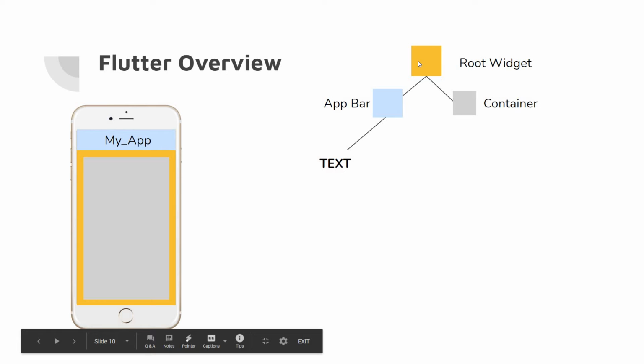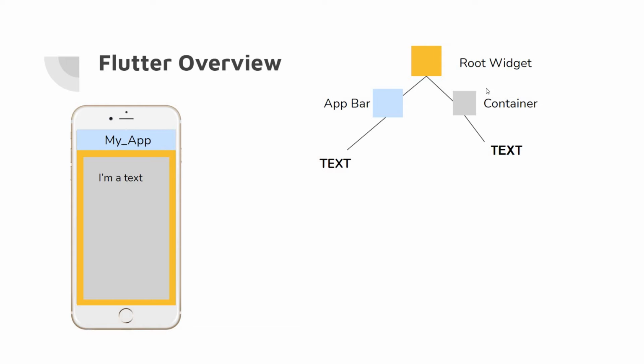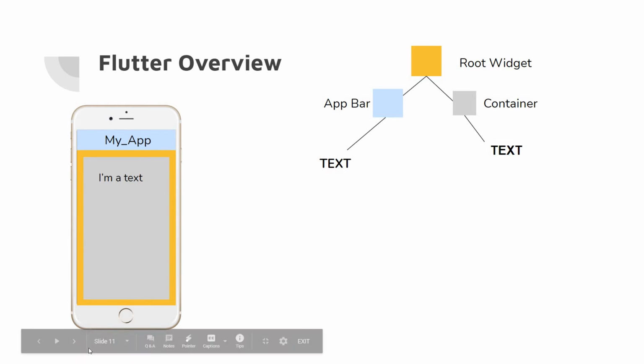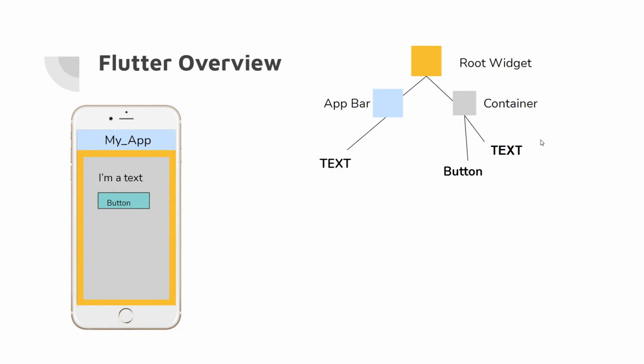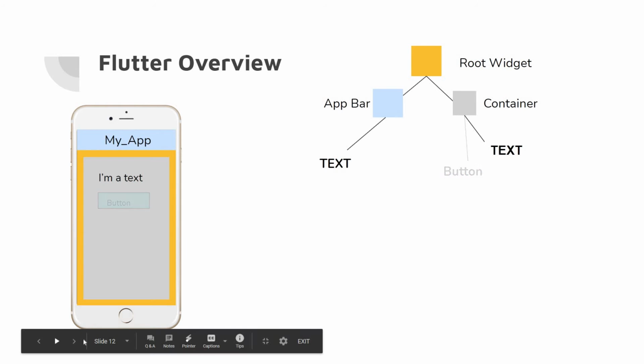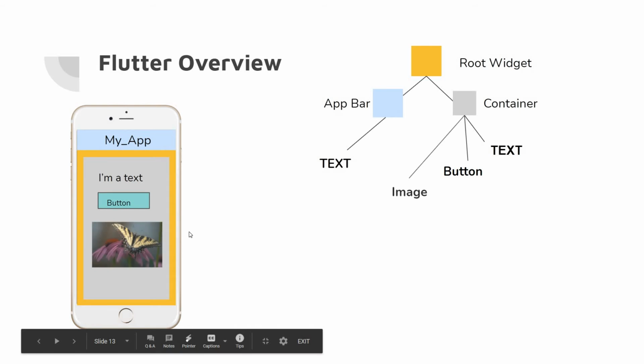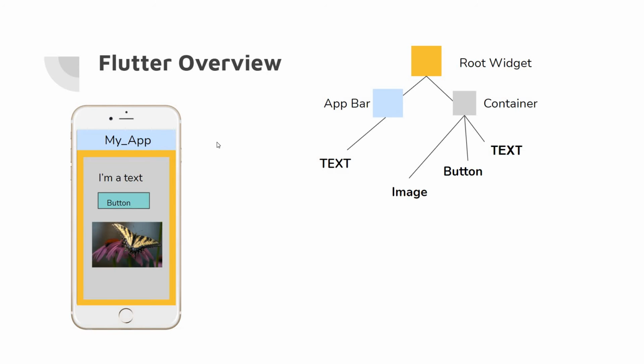And then the root widget has another child called container, this whole part, and the container has other children. Container has three children: one is text, another is a button, and another is an image. So like that we can build our own Flutter app.